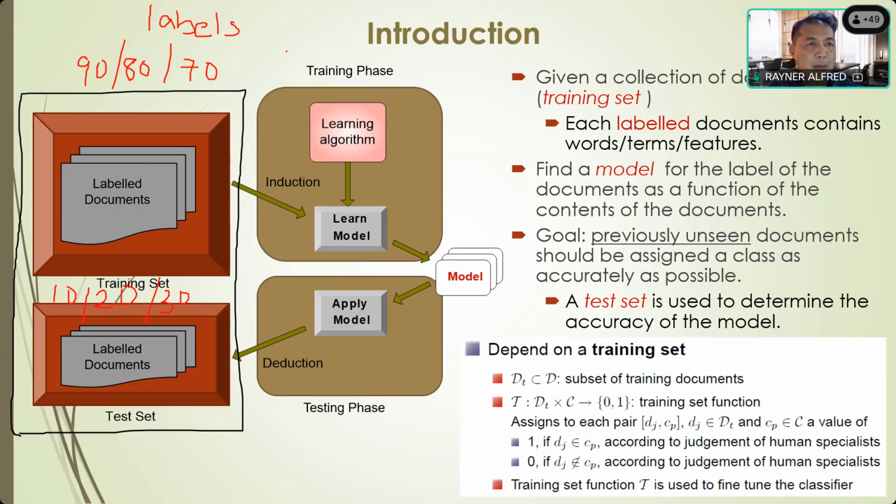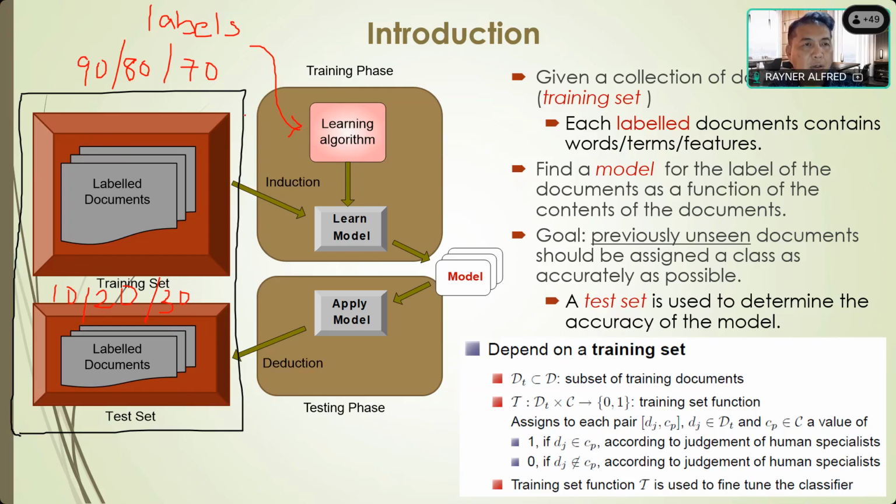The labels are used to model your learning algorithm, in which it will fine tune all the parameters in the learning algorithm. Okay, next semester you will learn more about machine learning. We have so many types of machine learning, what the parameters involved are, and how they affect the accuracy of the model in learning your data.